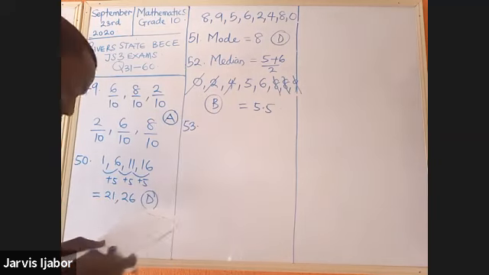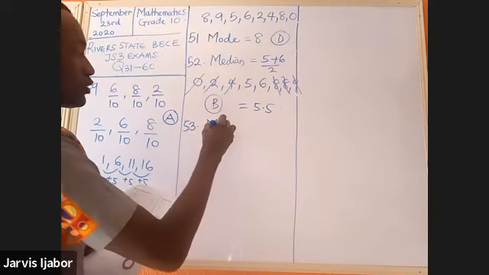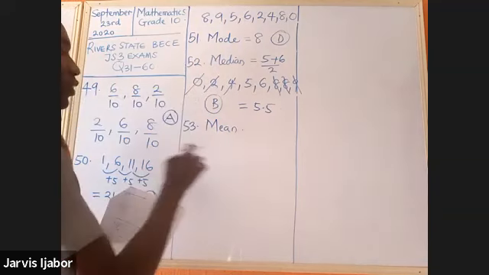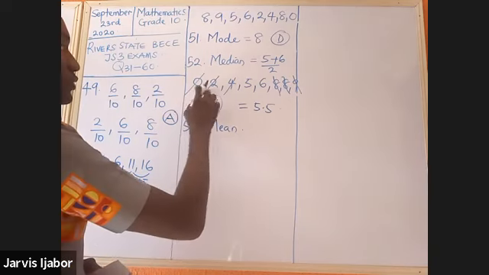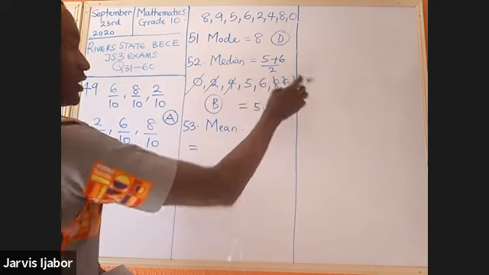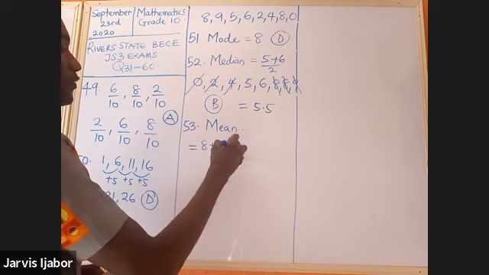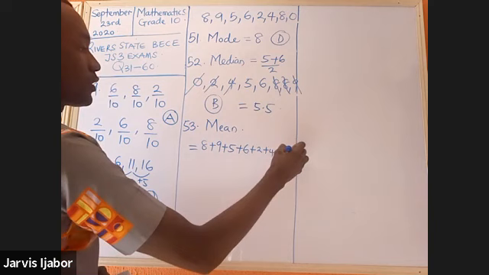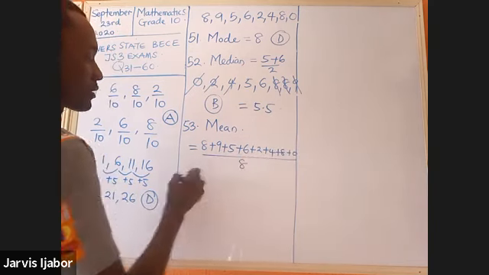Question 53. In question 53, we are told to find the mean. How do you look for the mean? The mean is the sum of all of these over the number of items available. If you look at this, you have 8 numbers. So it will be 8 plus 9 plus 5 plus 6 plus 2 plus 4 plus 8 plus 0, all over 8.